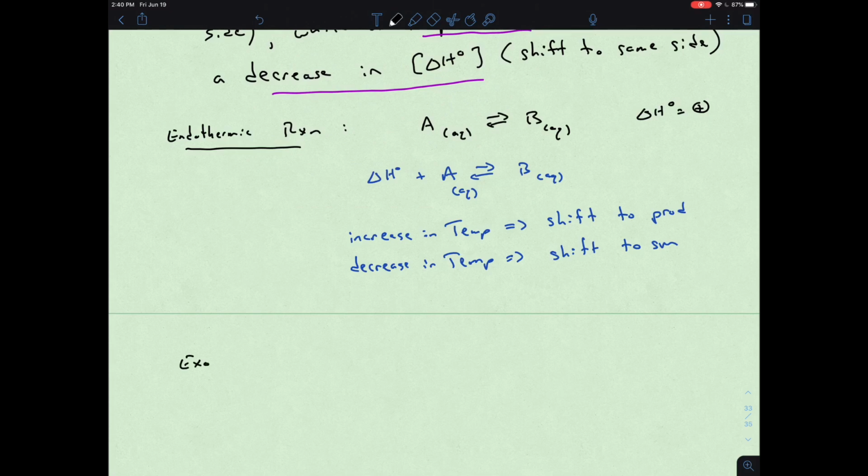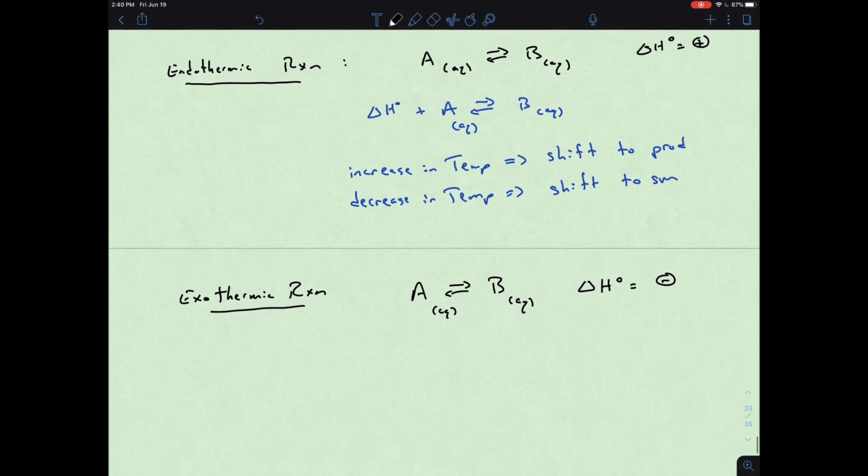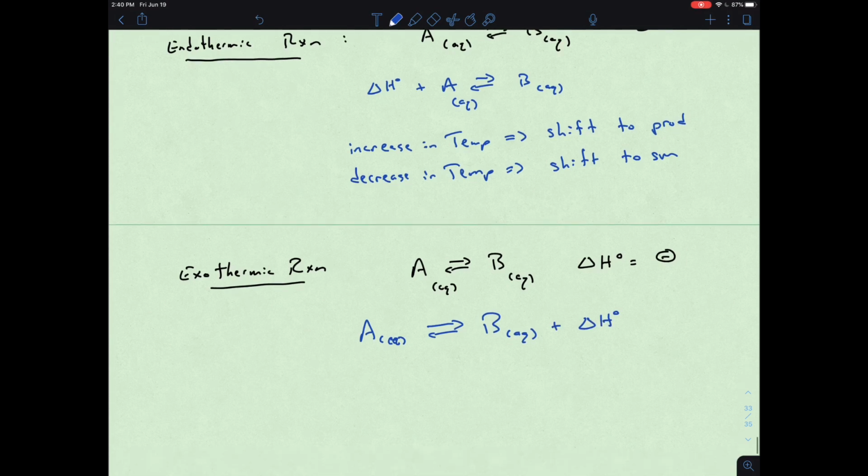If we had an exothermic reaction, right, it's still the same idea, except now our delta H is something negative. We would just then write that delta H on the product side, but we would still have the same responses that we had for the increase or decrease.